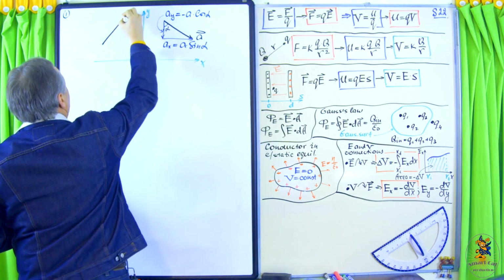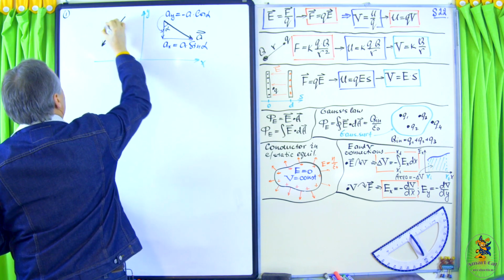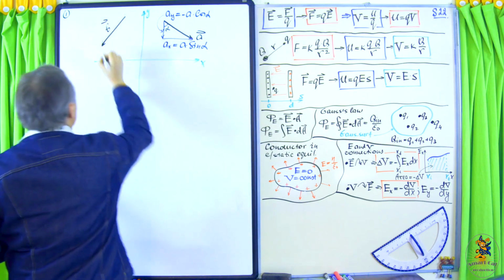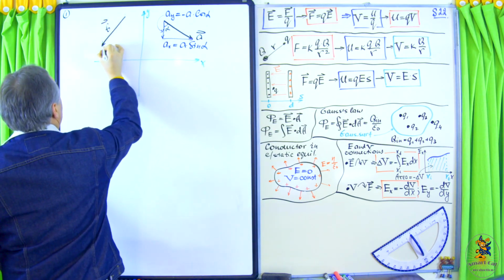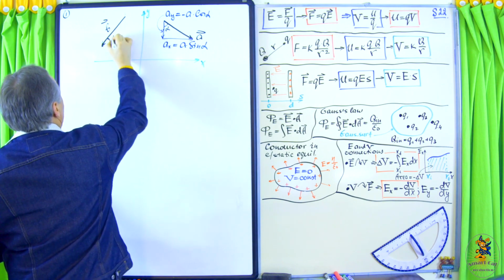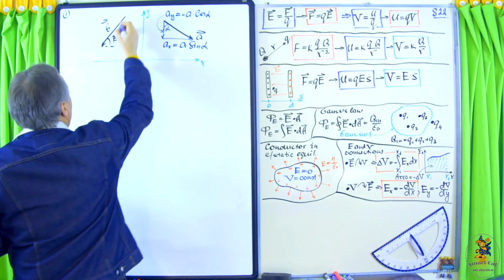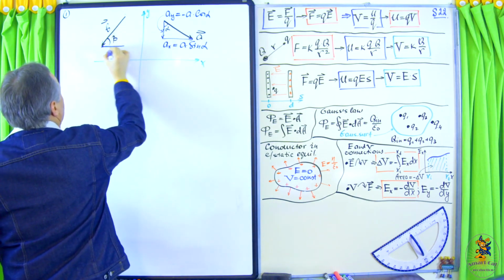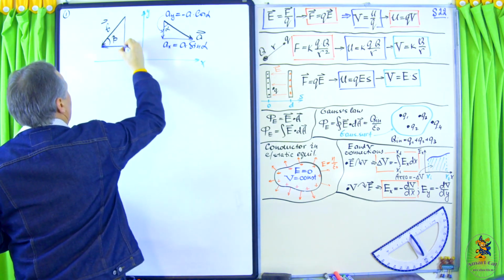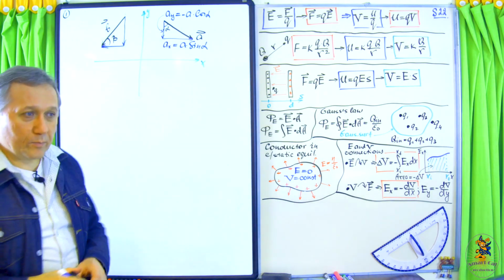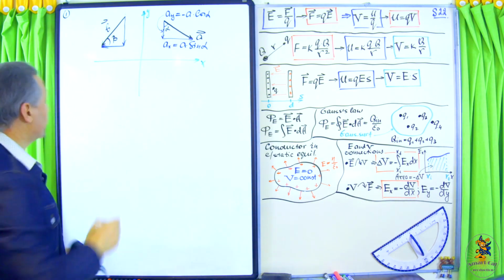So let's say we have this vector B, and which angle? In this case I decided to give this angle, so let's say angle beta. So we can find components. In this case, the x component is this, the y component is that, and both of these components are going to be negative.